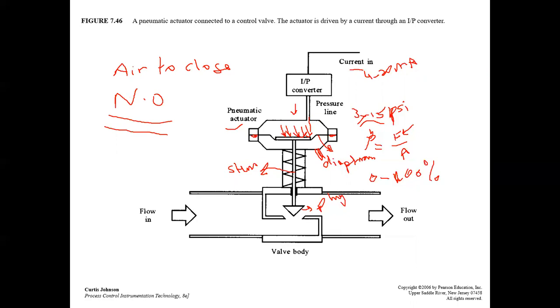So we apply pressure from here to raise this stem to the upper position, to open the valve. So in this case, it is normally closed. If it is from the bottom, it is normally closed. If it is from the top, like this one, it is normally open. So we have air to close or air to open, and these have the same meaning.